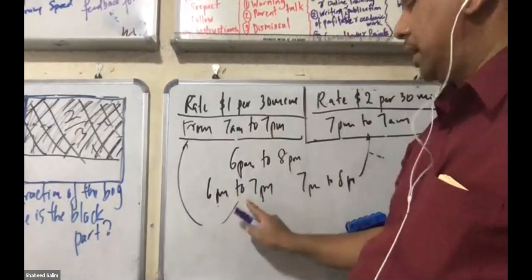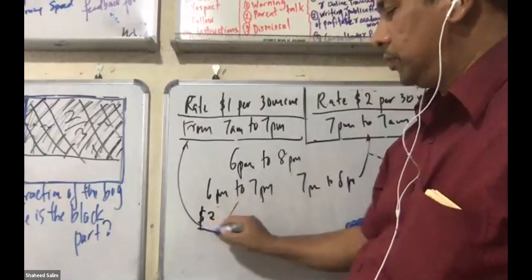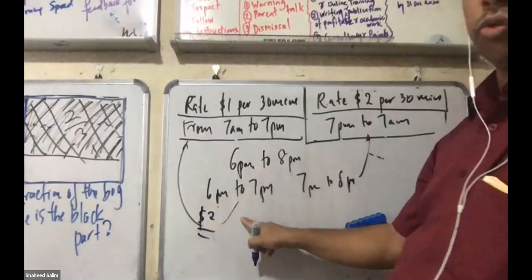How many 30 minutes are there down here? Two. 30 minutes, so it's $2 lah. $1 for 30 minutes and $2 for 30 minutes.